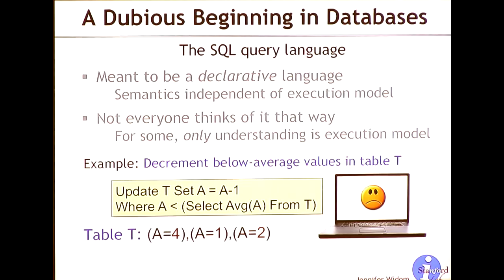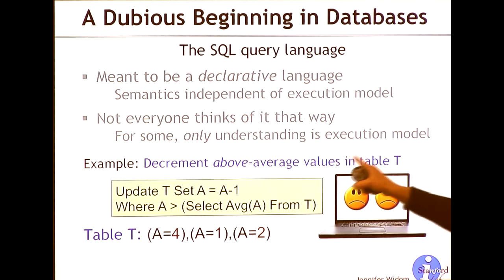Okay, now, all right, so here's the other example, which was what you were thinking of. If we want to decrement the above average values in table T, it gets even worse. The second execution plan, the one that did it one tuple at a time, can actually go into an infinite loop, just constantly decrementing, which I know we understand is probably not what should happen.